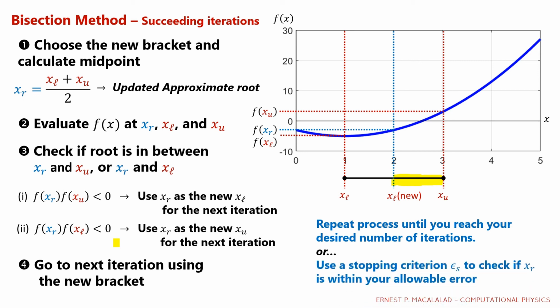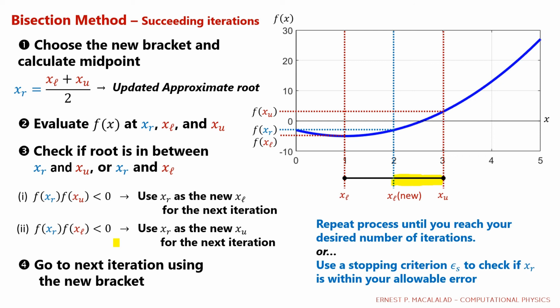If we use a stopping criterion, we let the computer check whether your estimated root xr is within your allowable error, and if the criterion is met, we stop the iteration.